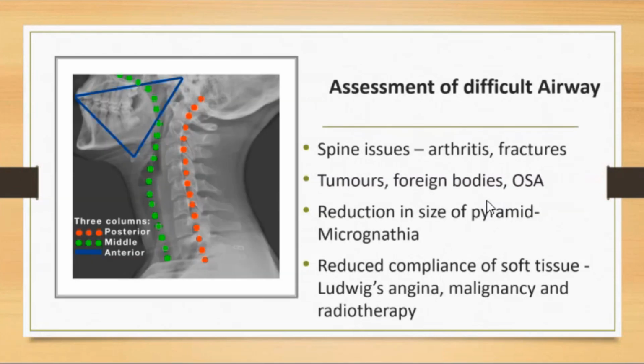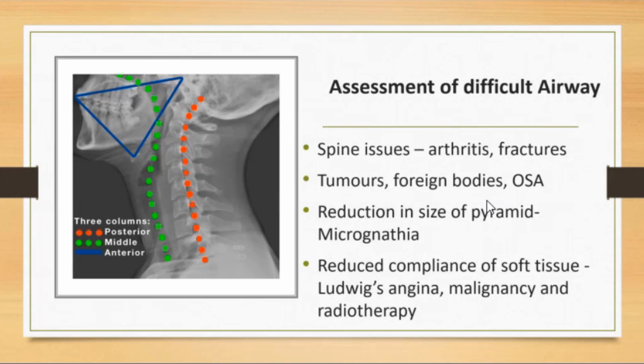As you see in the picture, when we assess the airway, we need to look for the conditions which affect each column, like any spine-related issues, arthritis, fractures, or cerebral herniation in the posterior column. In the middle column, you can look for tumors, foreign bodies, ectopic goiter, obstructive sleep apnea, retropharyngeal abscess.